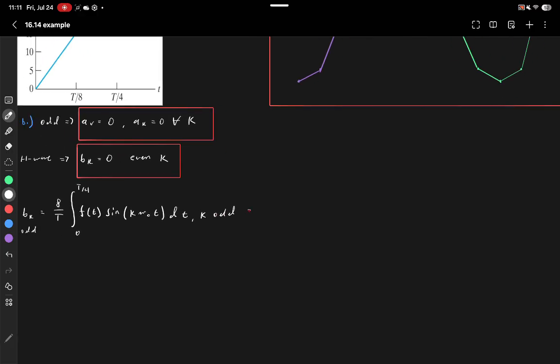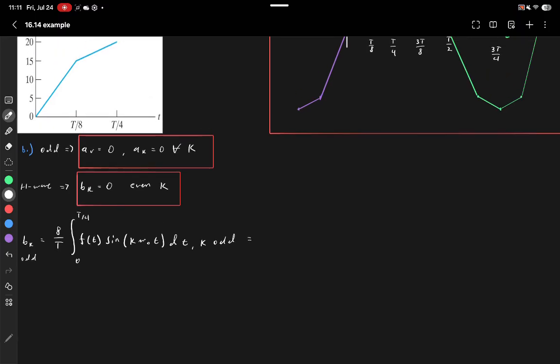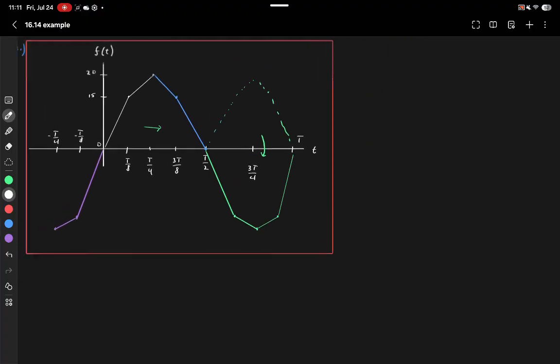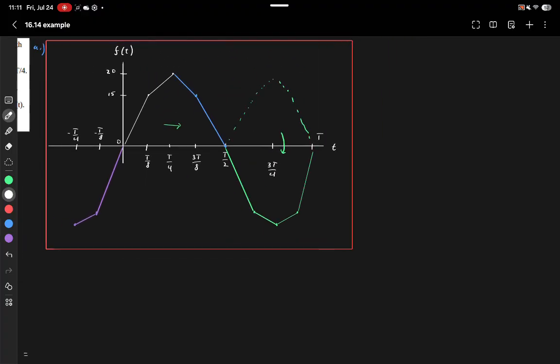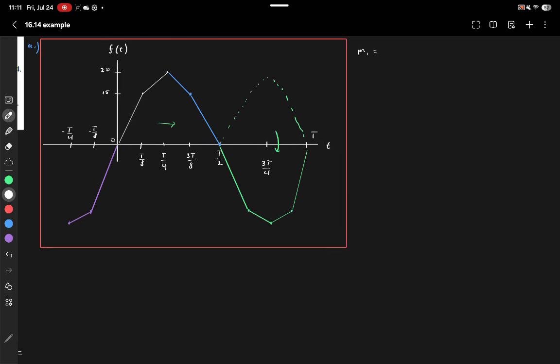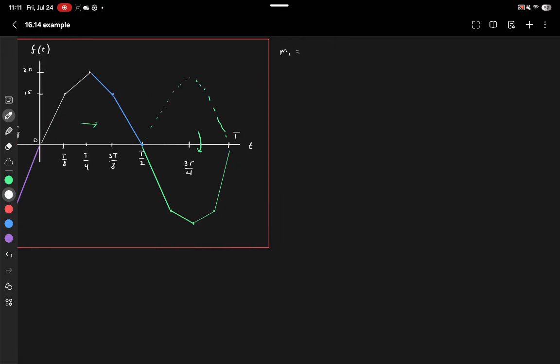Now, to actually be able to do this, we need to get more of an idea of what our functions are. So we'll come back here, and we're going to go back to our more basic algebra skills. We're going to be trying to find a slope here, and the area that we're going to find the slope for is this portion here, and then we're going to find the slope for this portion here.